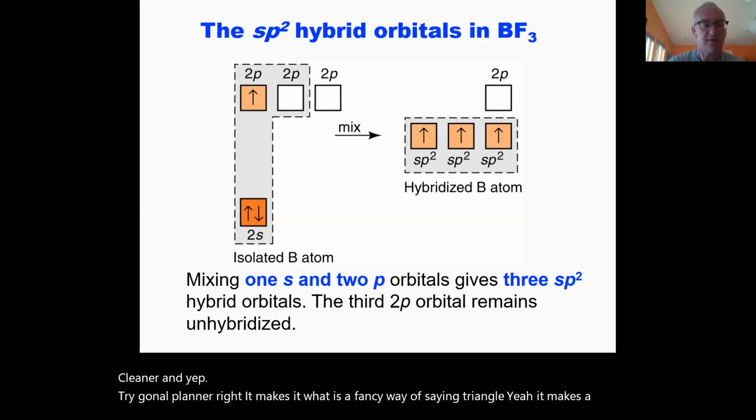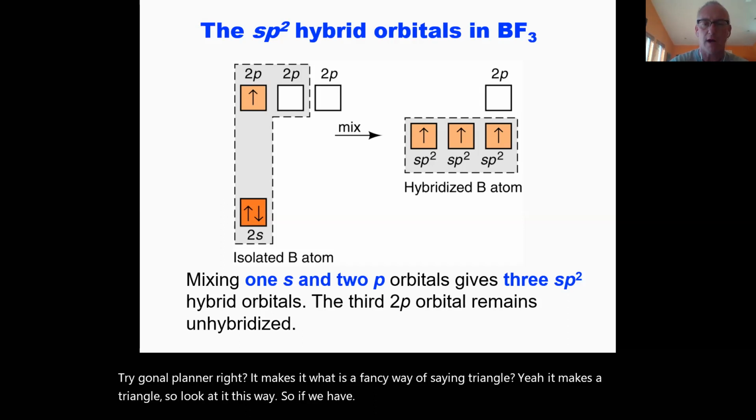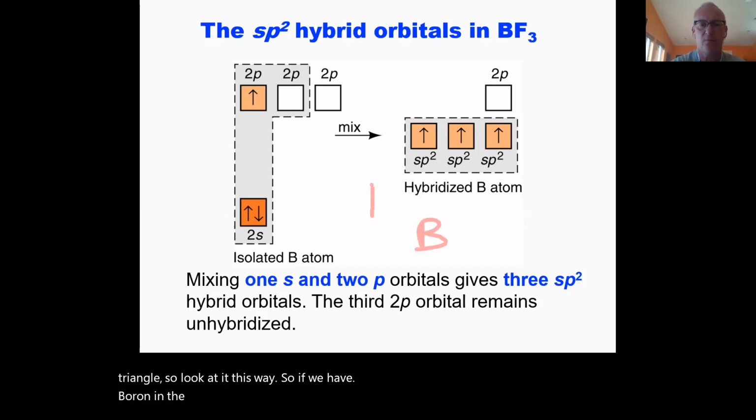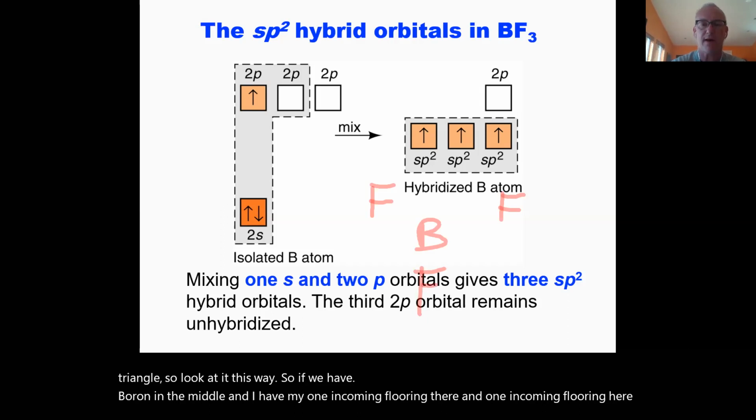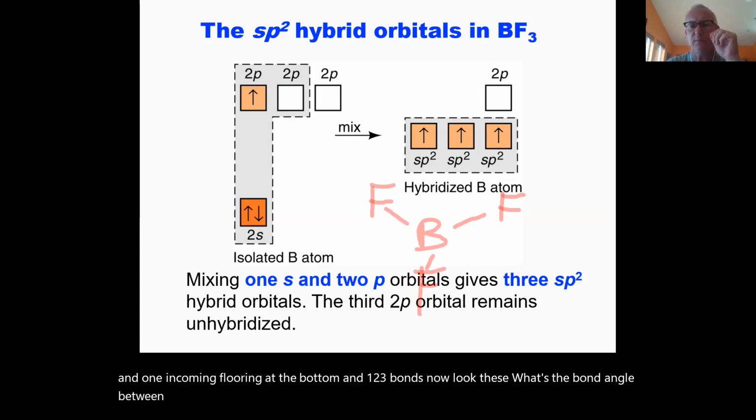So look at it this way. If we have boron in the middle, and I have one incoming fluorine there, one incoming fluorine here, and one incoming fluorine at the bottom, 1, 2, 3 bonds. Now, what's the fluorine, boron, fluorine bond angle?